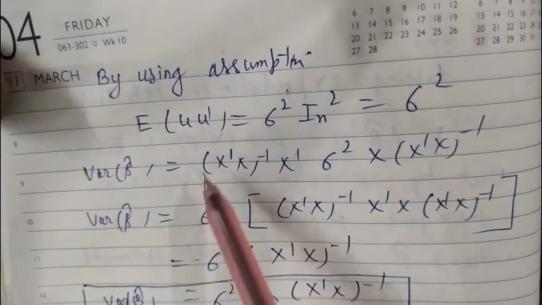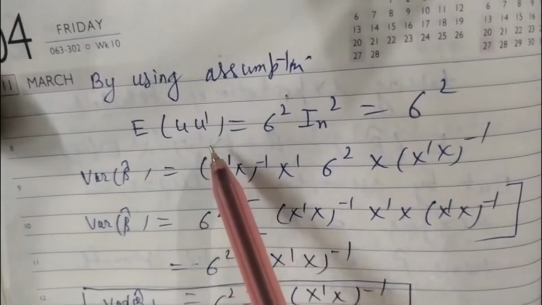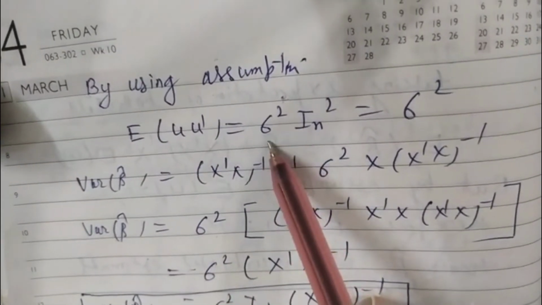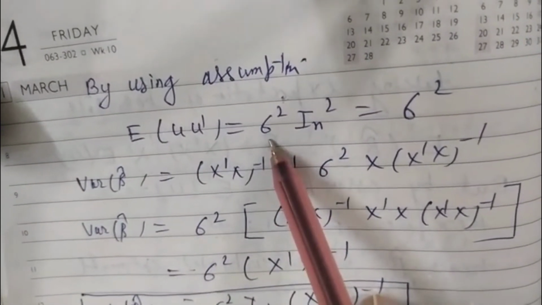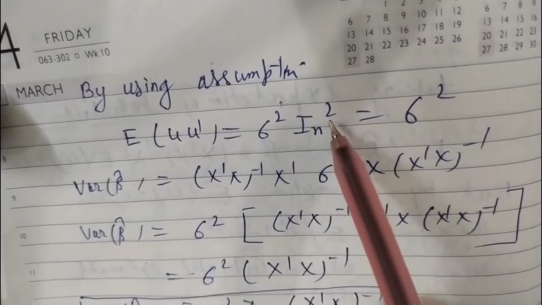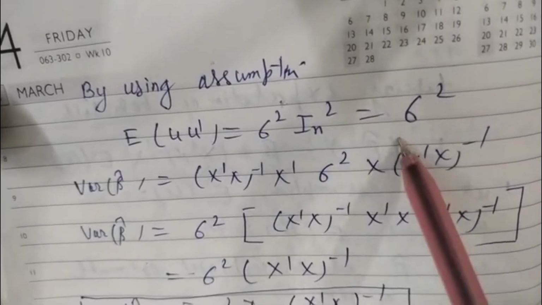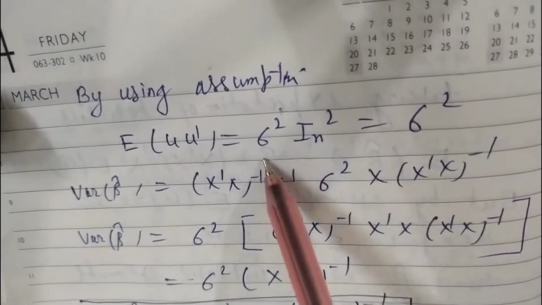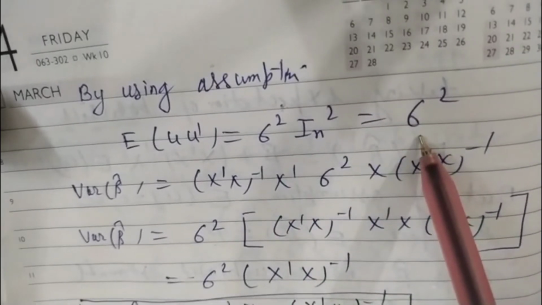We have already proved that the expectation of uu' is the common variance σ² times the identity matrix of order n, and any identity matrix multiplied by any matrix gives the same matrix.